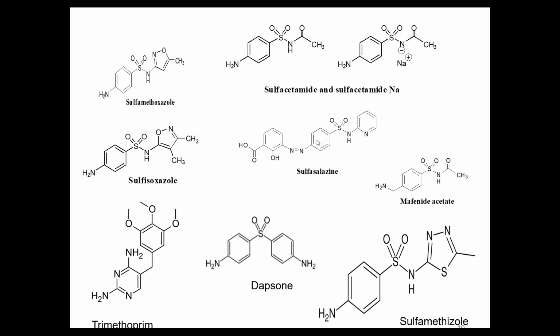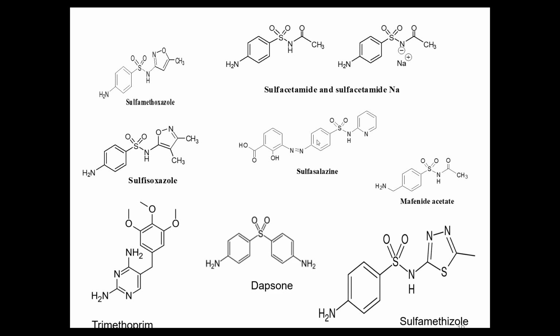Then you could use a drug like sulfaguanidine for GI infections. To prevent or treat UTI infections, you have sulfisoxazole. To treat meningitis, you have sulfadiazine. To treat respiratory tract infections, you have cotrimoxazole.